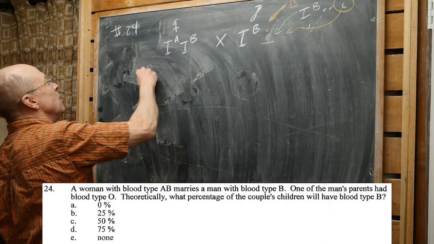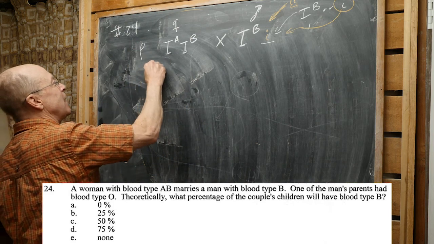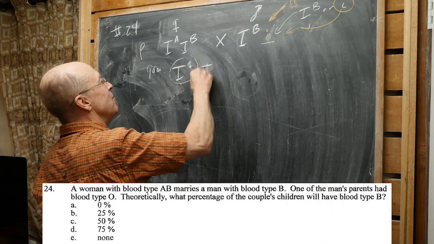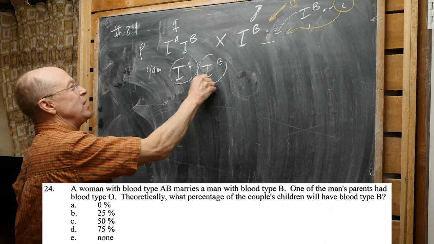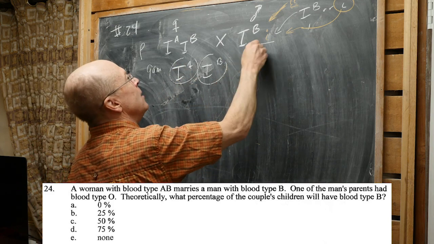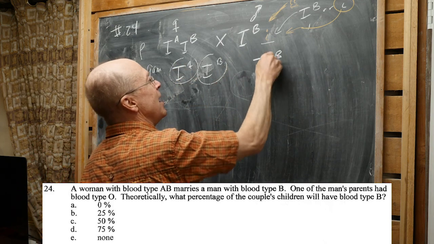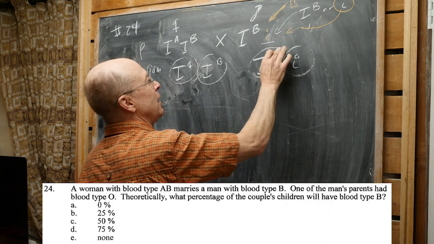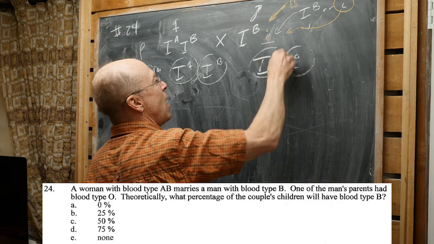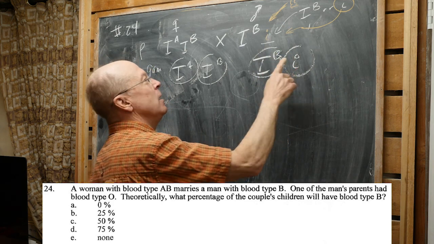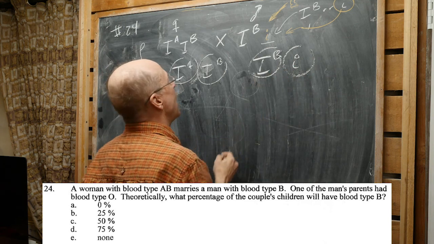the cross. So here are our parents. We set that up correctly. We have I super A and I super B, so 50% of gametes from the female, the mother over here, and then we're going to see also a 50-50 here. So we get 50% of our gametes being I super B for the father, who's type B blood but heterozygous, and therefore 50% of the gametes are going to be little i.